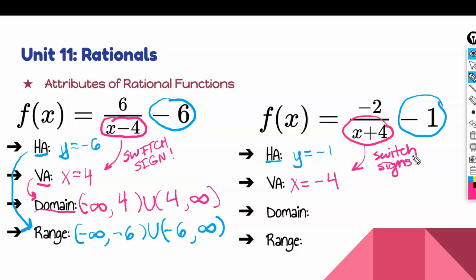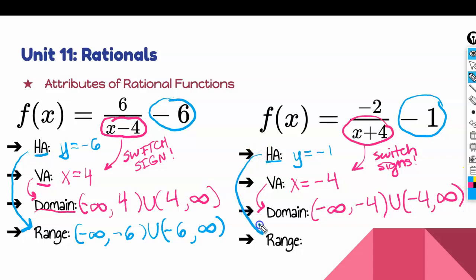And it's x equals -4. Going on to my domain, remember that my vertical asymptote is giving me the domain. So it's going to go from -infinity to -4, and then from -4 to +infinity.